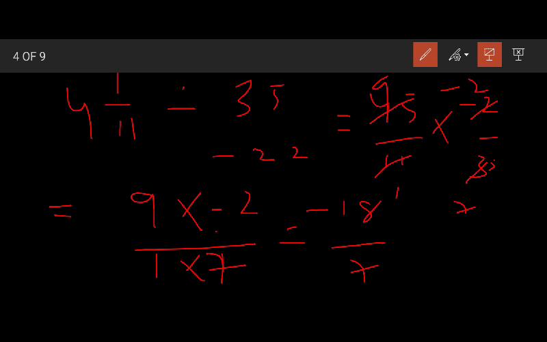Okay, it is again converted into a mixed fraction.